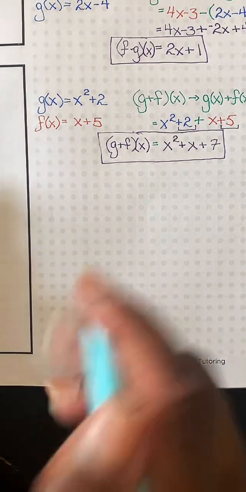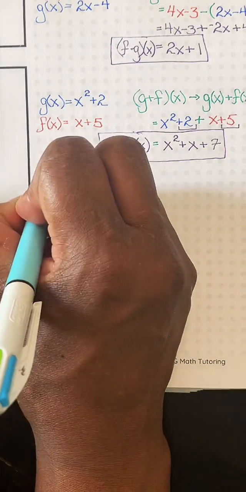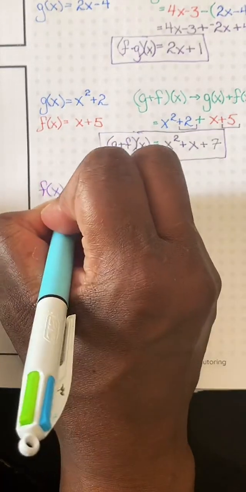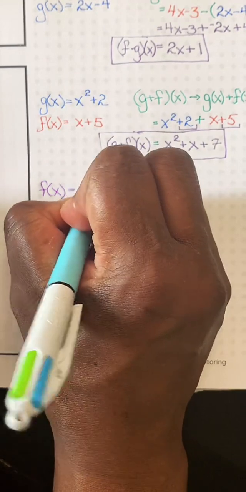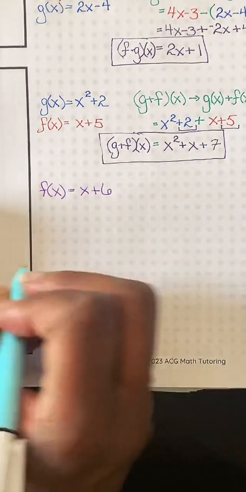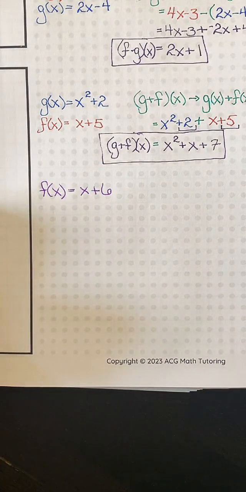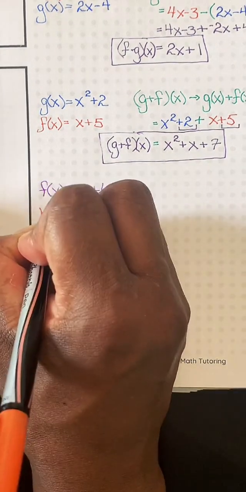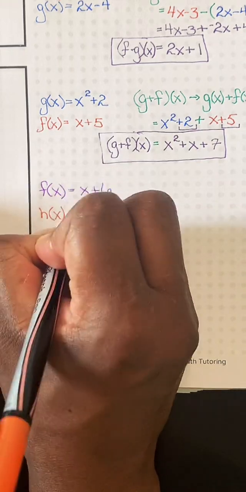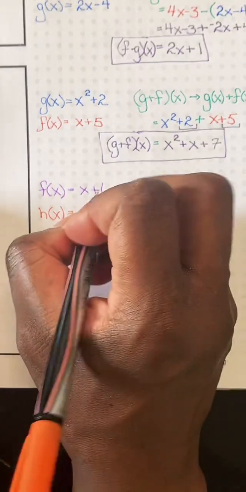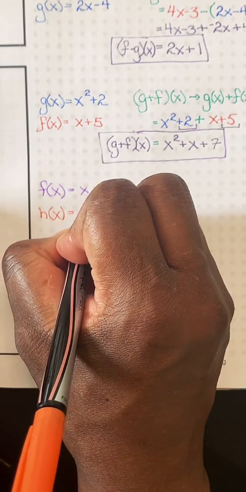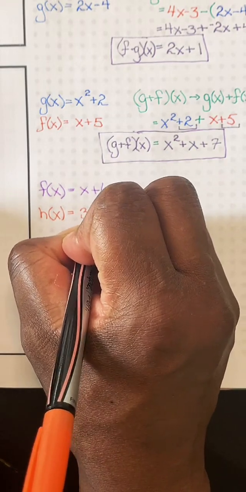So let's say we have our f of x. So f of x is equal to x plus 6. And let's say we have h of x. You're like, ooh, h? I'm like, yeah, just switching it up. But you're doing the same exact thing. So 3x plus 2.